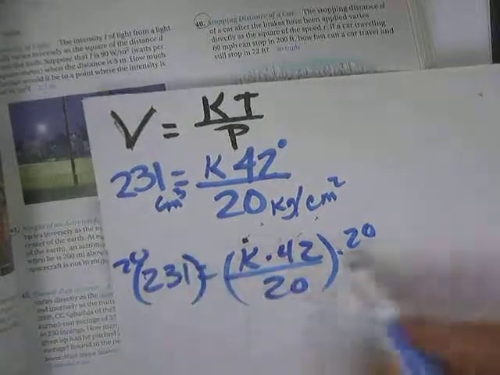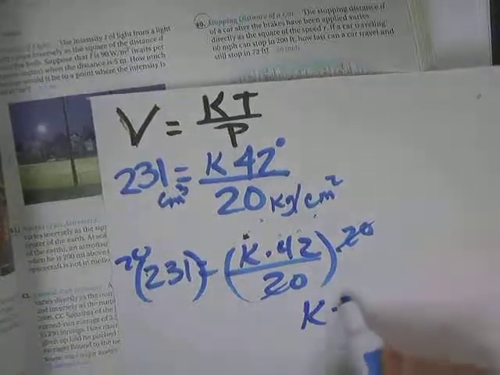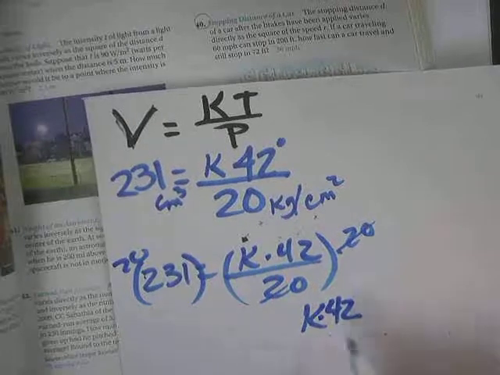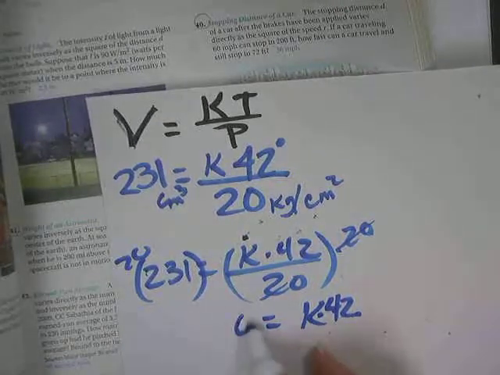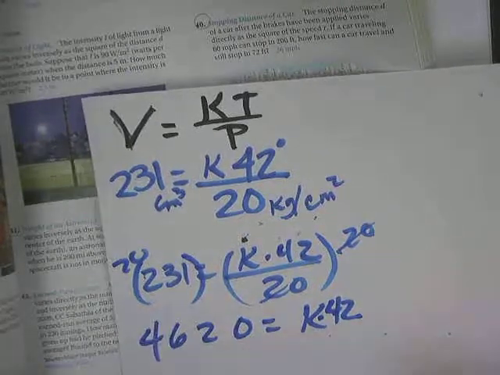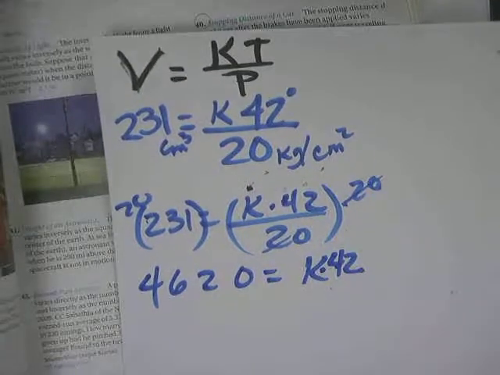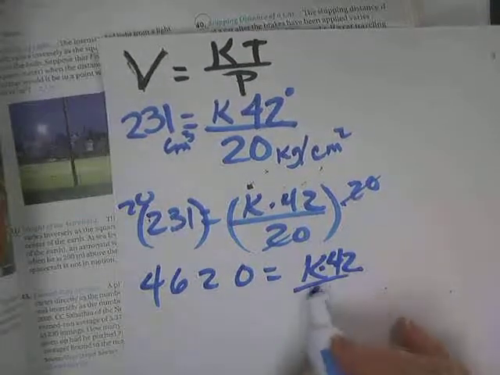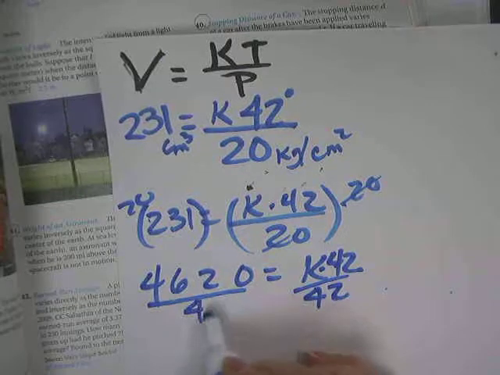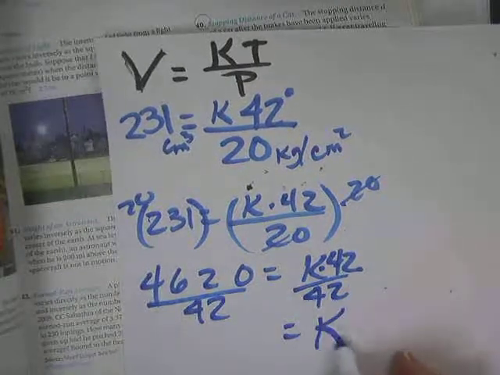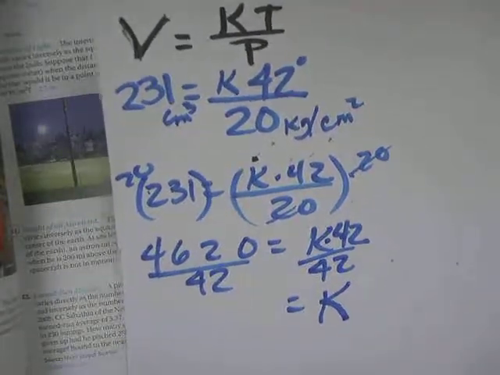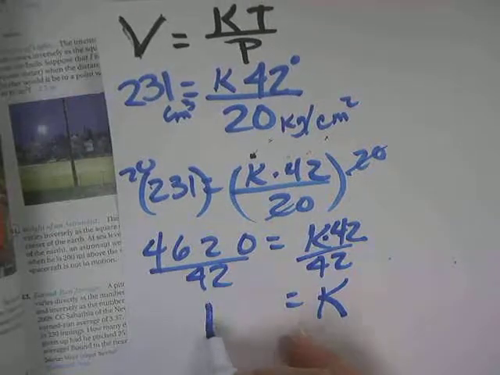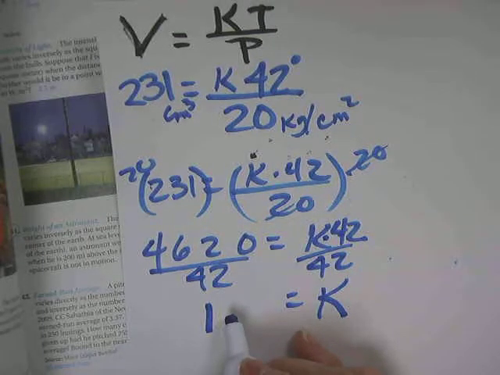What is the volume when T is 30 and P is 15? First we're going to find K and find the equation. So we plug these in, let's find K, then we'll worry about the other stuff.